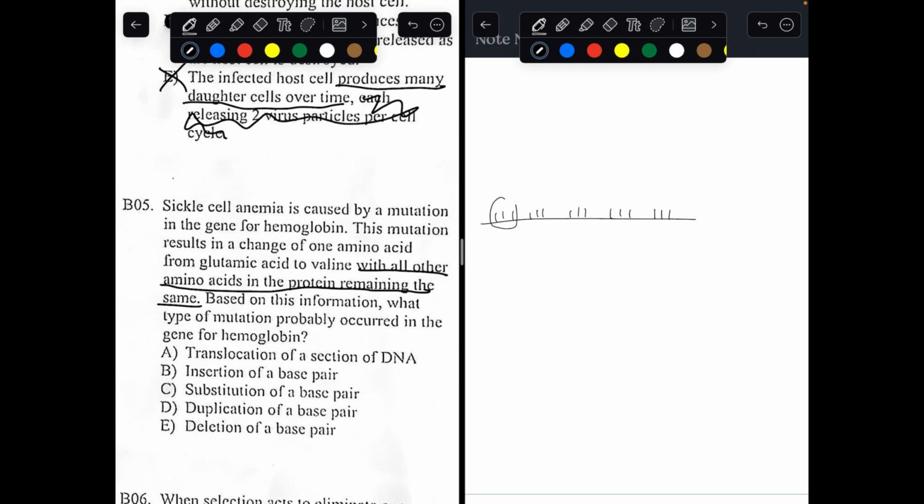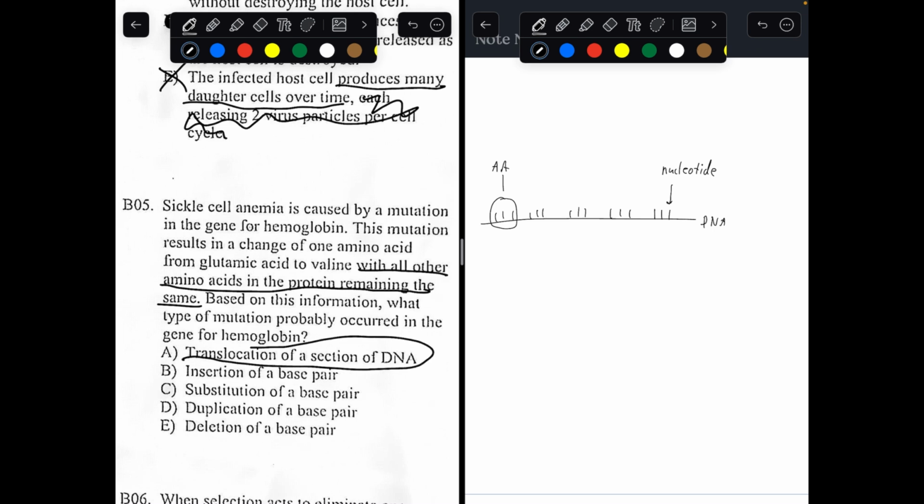Every 3 nucleotides, remember this is DNA, and each of these lines is a nucleotide, each 3 produces an amino acid. Well, we know that only one amino acid is changed. One glutamic acid is changed to a valine. So what would be the most likely thing to happen?